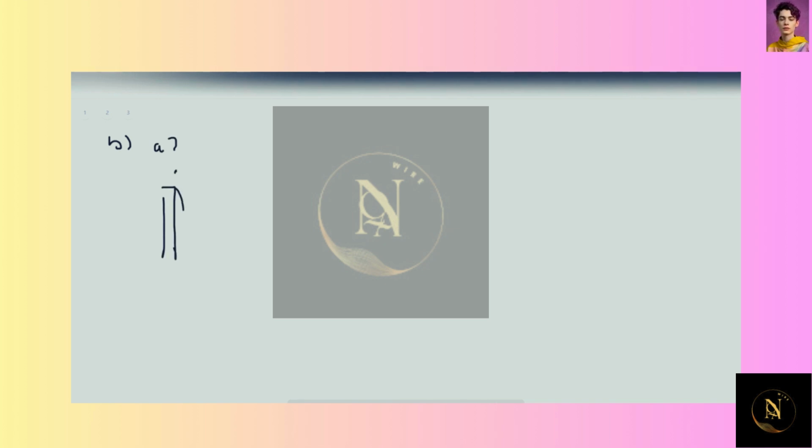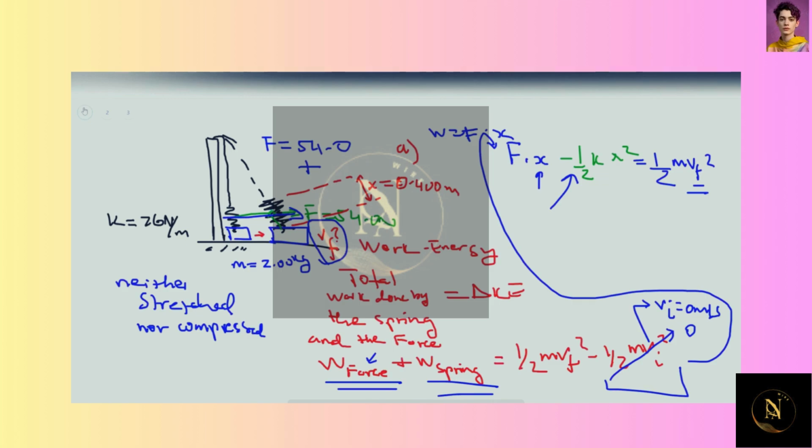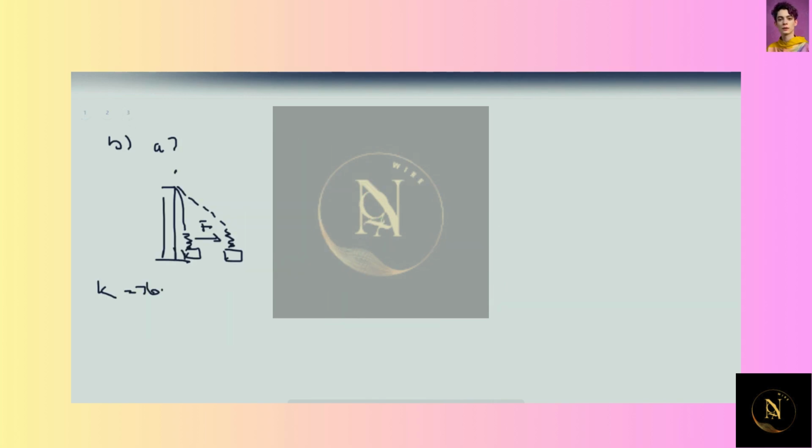The post initially has a spring hanging on the block, and then it's stretched and pushed that way because of a force F. The spring constant happens to be K, which, if you go back, is given as 76 newtons per meter.